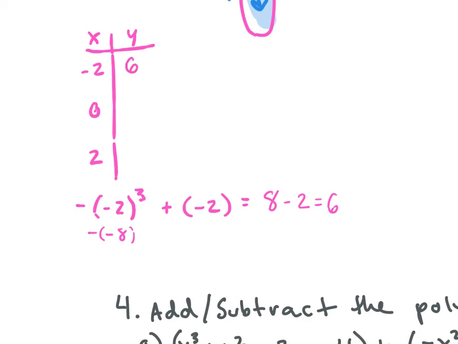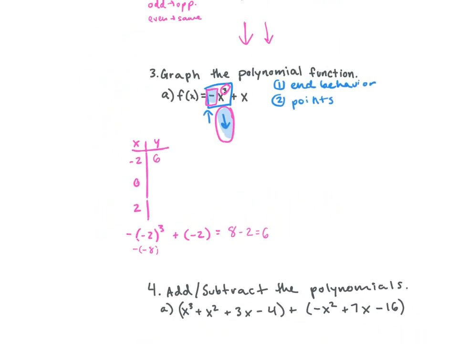We can go ahead and graph that. So we go to the left 2 and up 6. Put a point there. Next we plug in 0. So we have -0 cubed plus 0. What does that give us? 0.